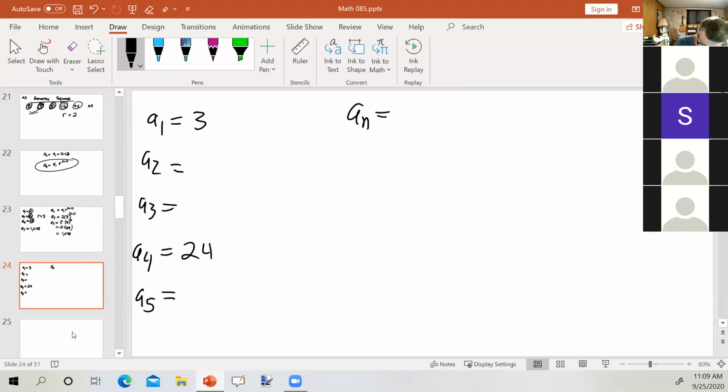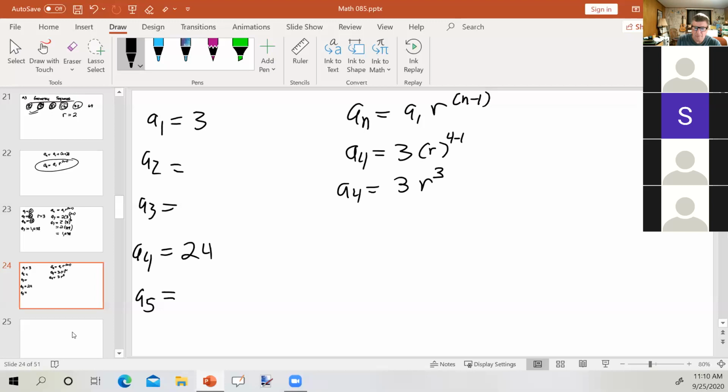A sub n is a sub 1 times r to the n minus 1 power. Okay. Well, let's see. I know what a sub 4 is. So I'm going to say a sub 4 equals a sub 1 times r to the 4 minus 1 power, or a sub 4 is 3 times r cubed. We okay so far?